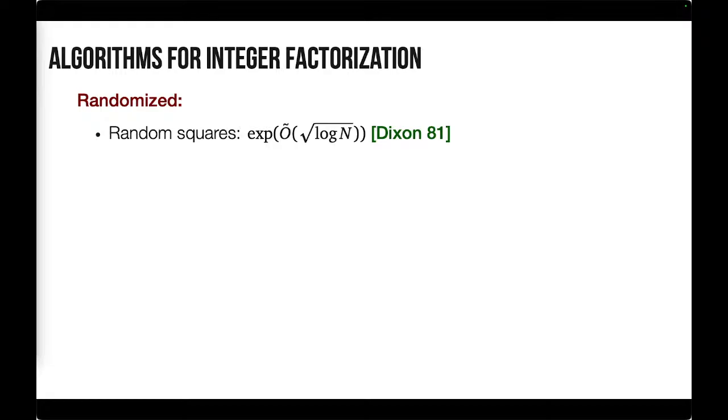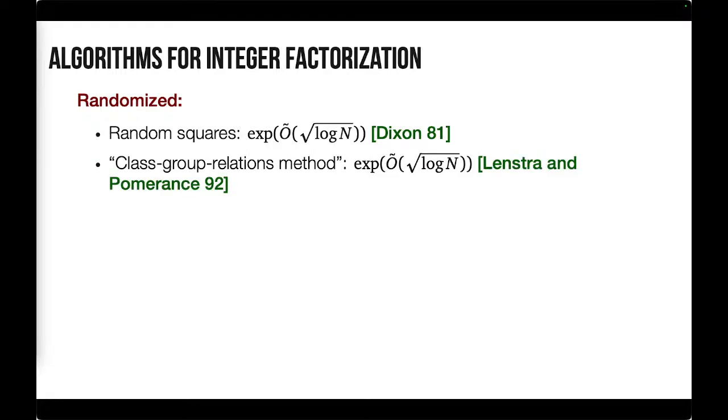So this is not exponential in the input length, it's exponential in square root of the input length. There are some constants and tildes, but I think it's best to think about it like this. There are faster algorithms, especially if you want to factor things in practice. There are even faster algorithms again, which we can't really formally prove.